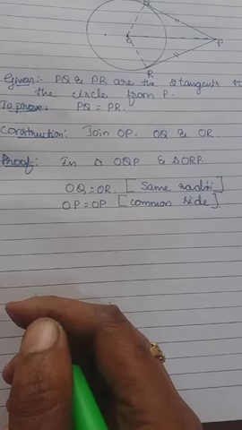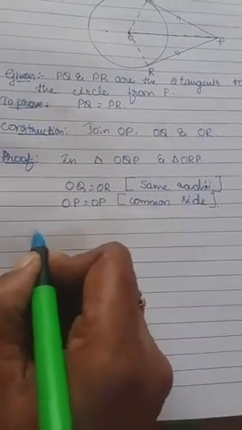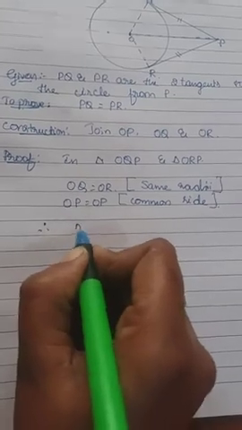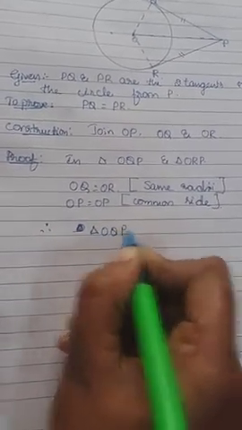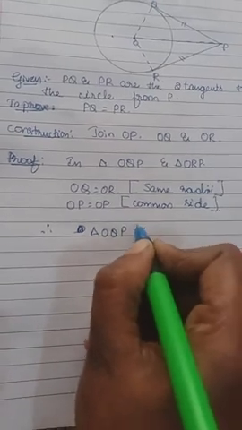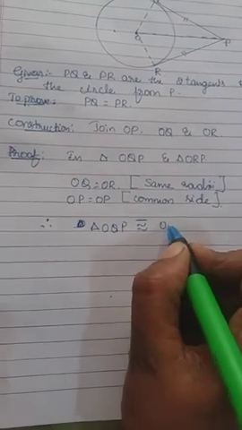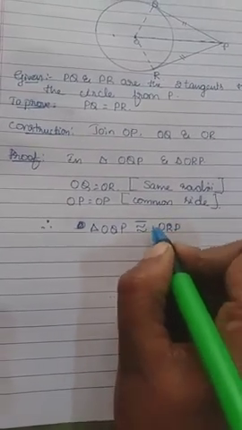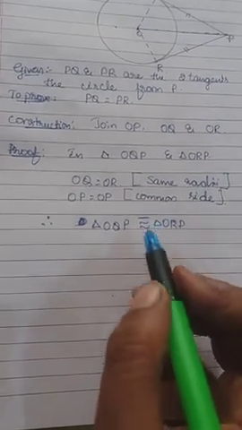So therefore, triangle OQP is congruent, not similar, congruent to triangle ORP.